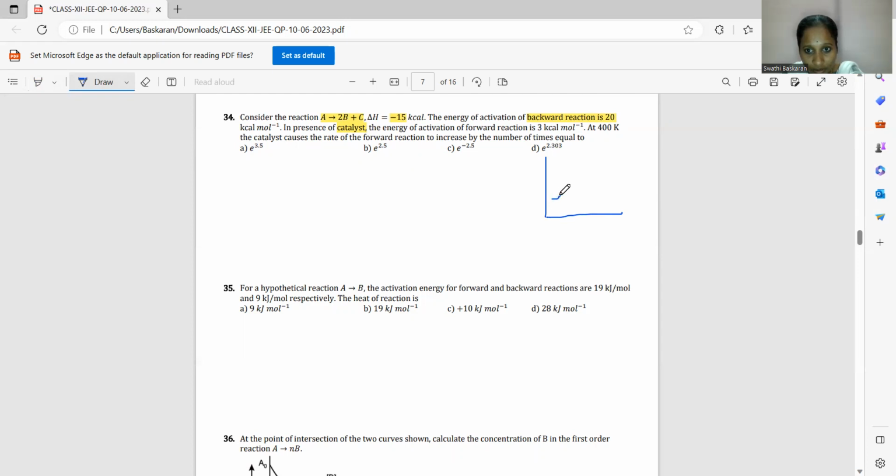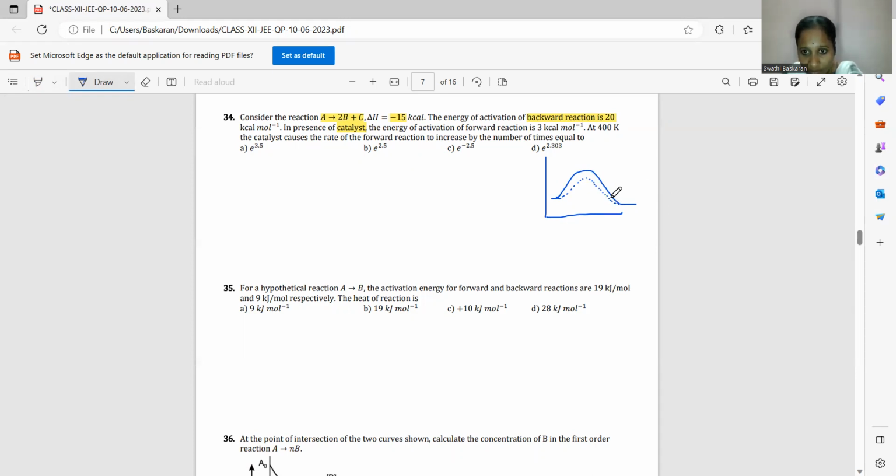Now, how do we draw the graph? One more curve we need to draw now as dotted lines, because we want to show two curves, right? So, how do we show? Now, what they have given.